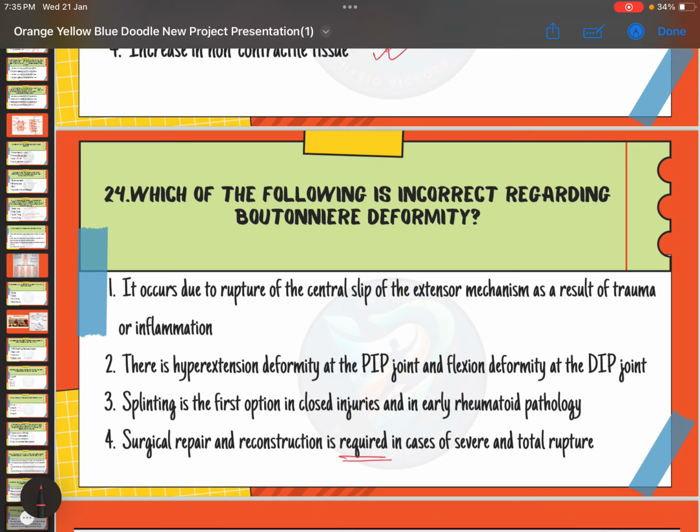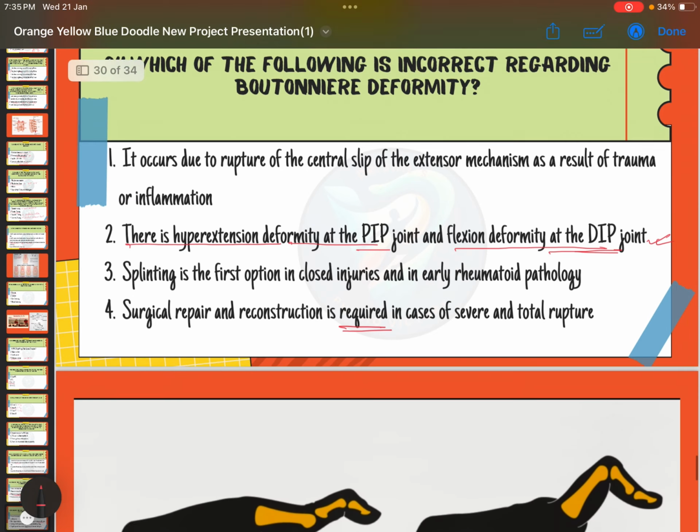Here the correct answer is option 2. There is hyperextension deformity of PIP joint, flexion deformity of DIP, actually this is swan neck deformity, not a boutonniere deformity.